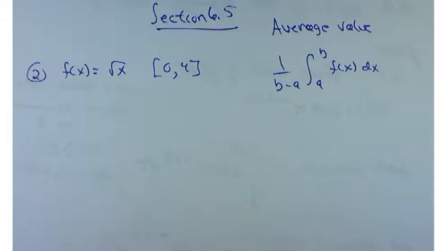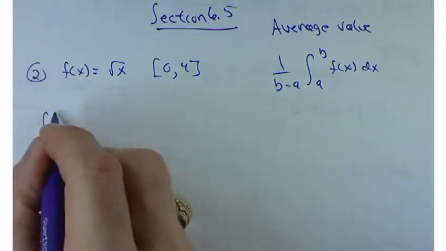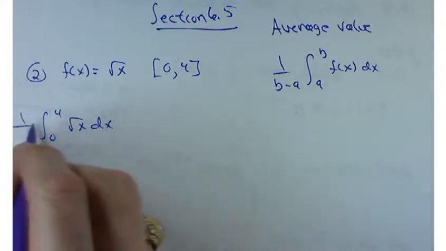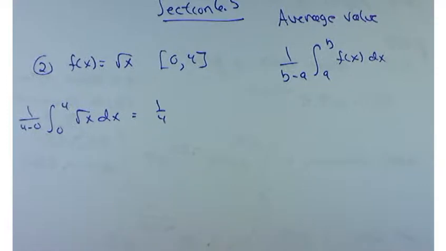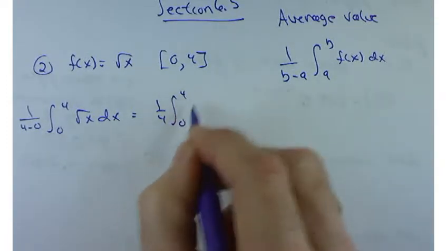Okay. In our particular case, that's going to be the integral from 0 to 4 of the square root of x dx multiplied by 1 over 4 minus 0, or basically 1/4 of this. So 0 to 4.